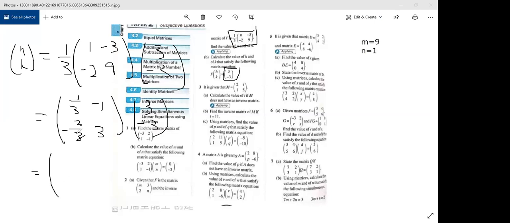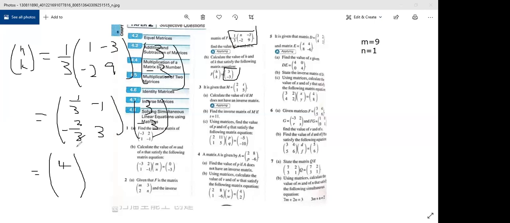So we multiply it in. 3 times 3, 3 times 1 over 3, 1. So negative 1 times negative 3 equals 3. So 1 plus 3. For the second row, negative 2 over 3 times 3 equals negative 2.